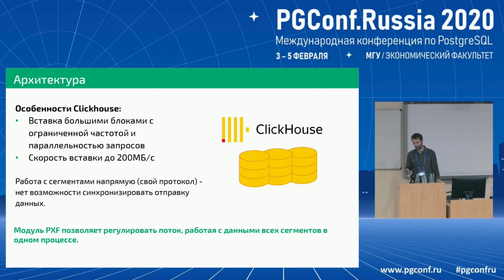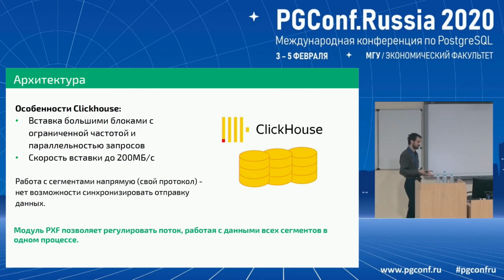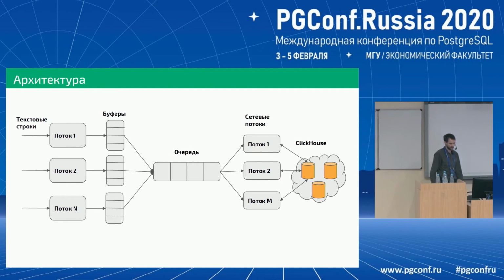That is why we decided to use PXF module, because it keeps all data from all segments in one process, and this is how we can control transfer speed. So this is just an example of architecture, a simplified version.